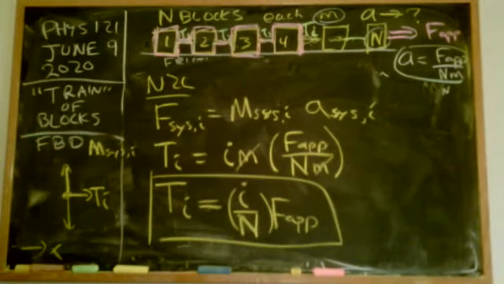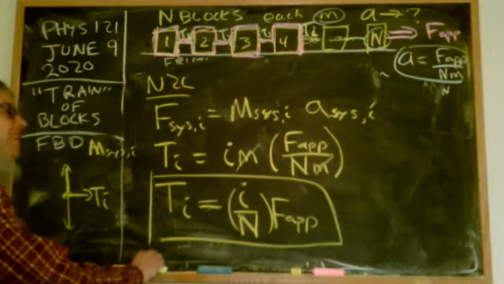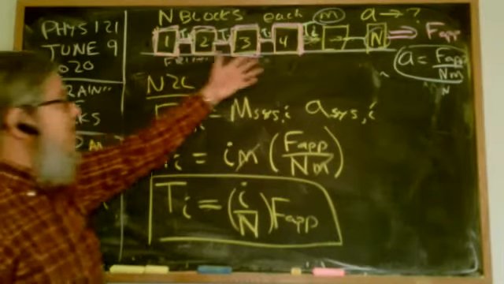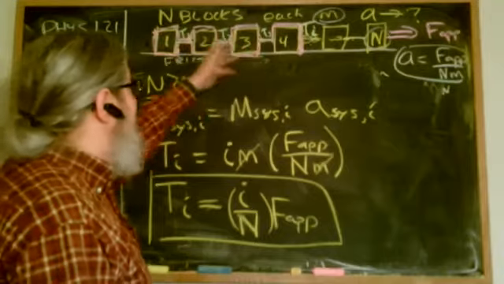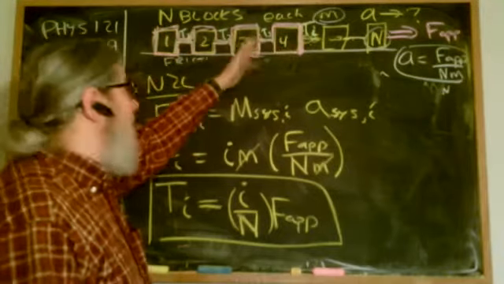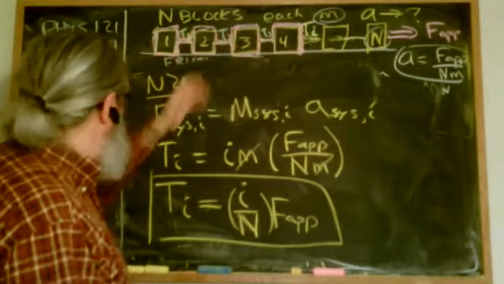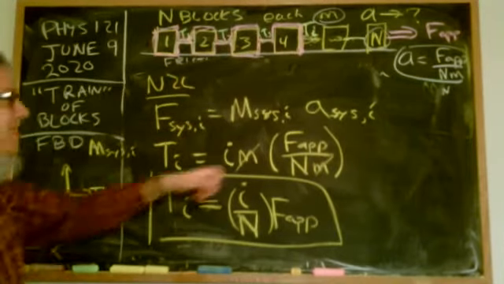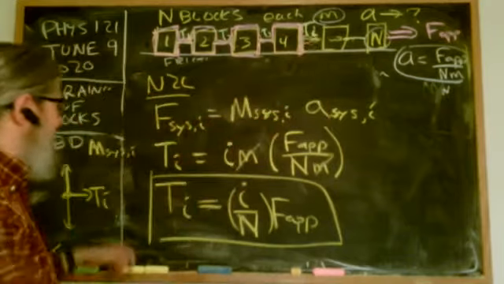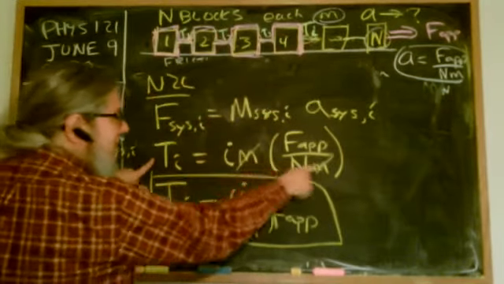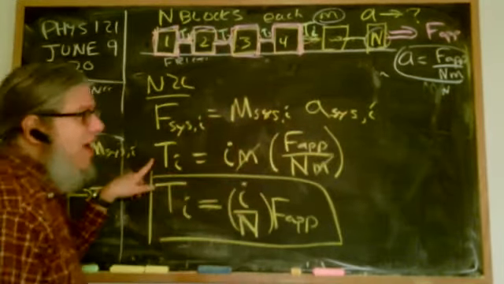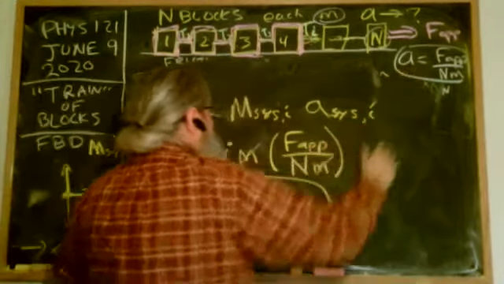Much simpler than doing 50 equations with 50 unknowns. In other words, I pick a subsystem, which is made of i blocks, or as many blocks as you want. And the beauty of picking a system to the left is that system has only one force on it, and that's the force that I want. In other words, this is the unknown, and I can express it in terms of all these other things, which I now know. I know it because I've figured out the acceleration.